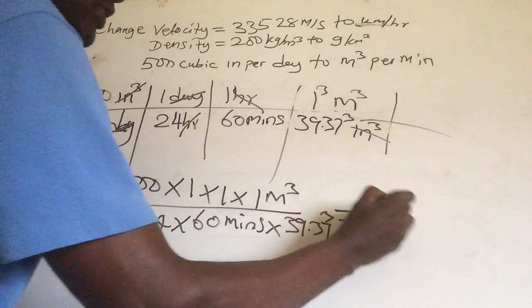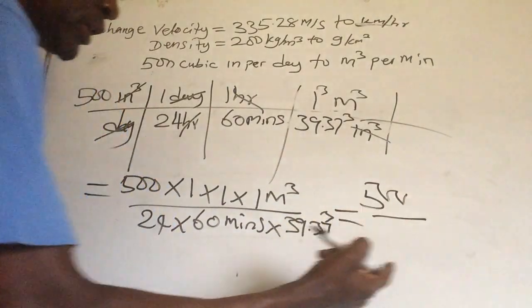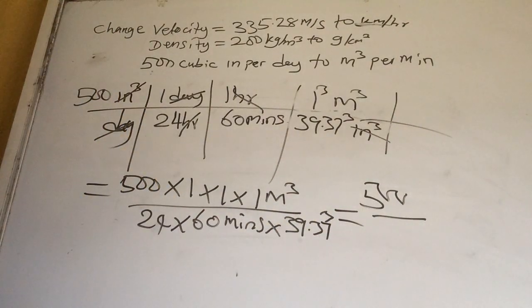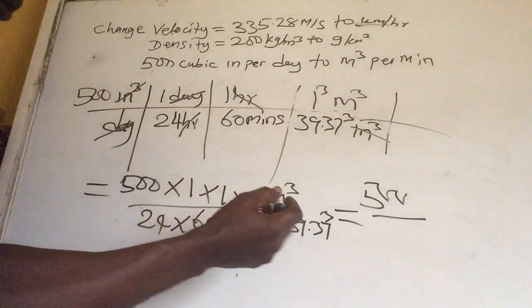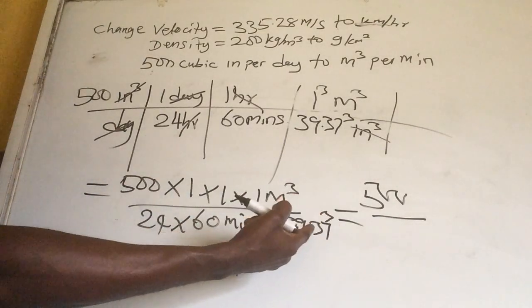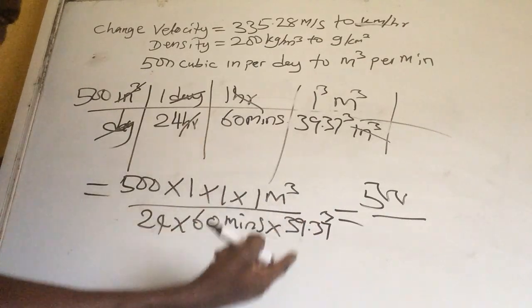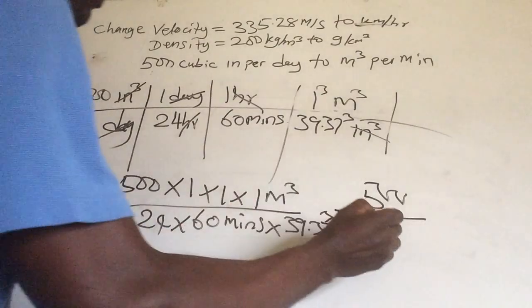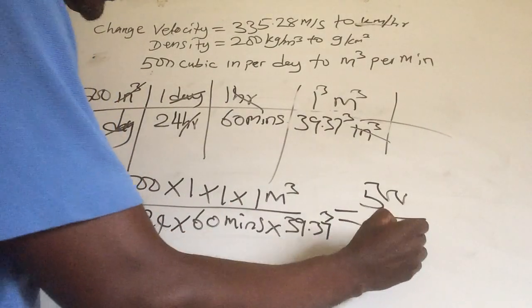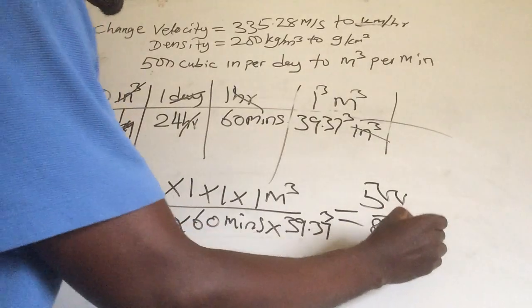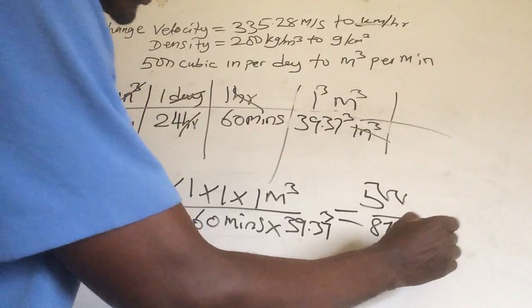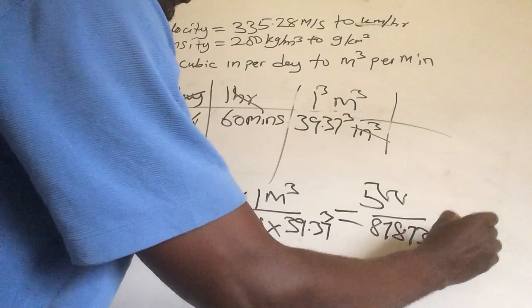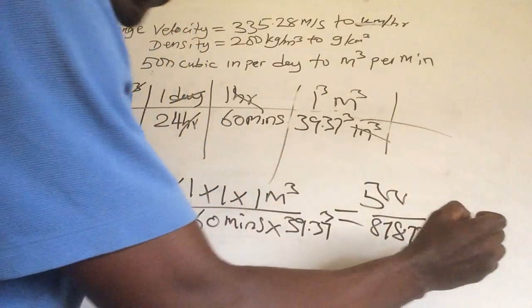If you multiply up, what you have is 500 all over. Multiply all the down. You multiply this one with 60 and multiply it with 24. What you're going to have is 4.25 minutes.